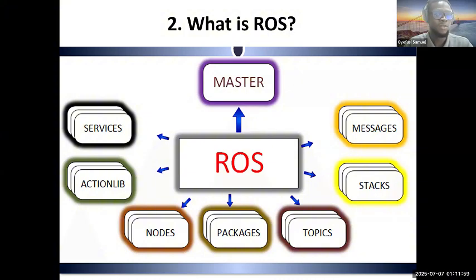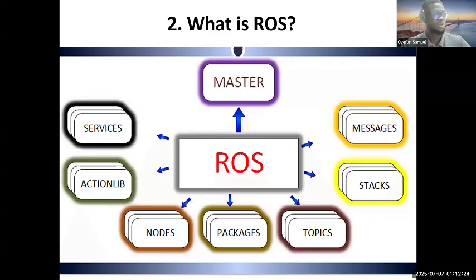A lot of developers and companies use ROS because it's very adaptable, it's flexible, and it has a lot of features. I got this picture that explains what ROS is. This is actually ROS 1. In ROS 1 we use the ROS master, and I will explain that term. Then in ROS 2 we actually have DDS.